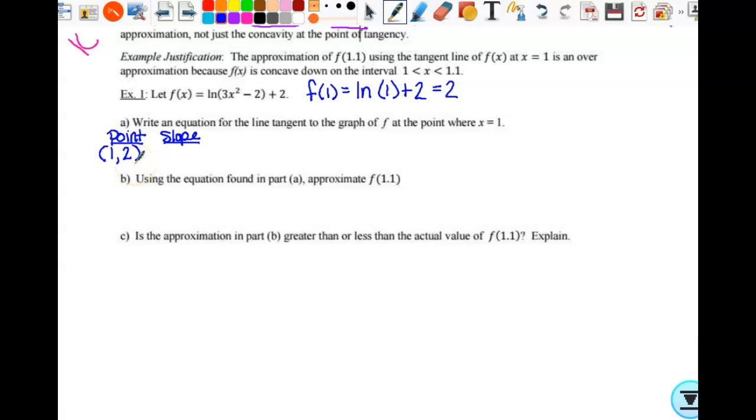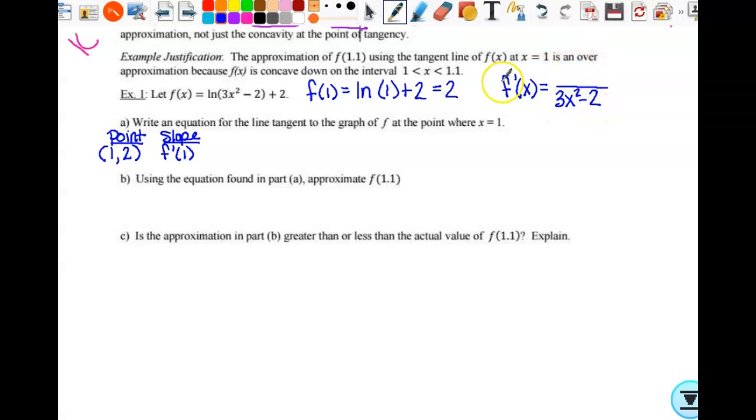So then I need the slope. The slope is going to be f prime of 1. So I need to find f prime. Would we agree with that? Okay, so f prime of x equals... we take the derivative of a natural log. Whatever the argument is for the log is in the denominator, 3x squared minus 2.